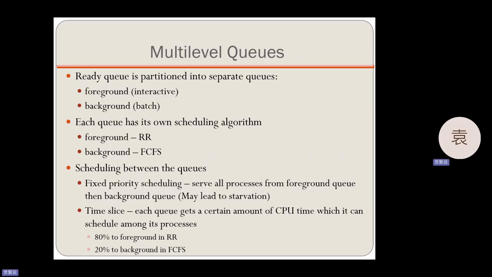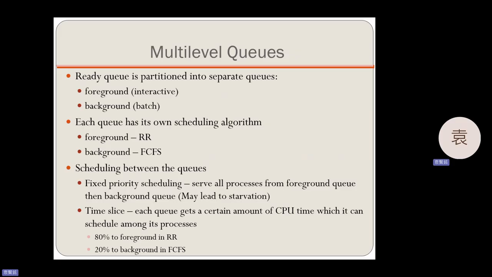So we may use a minute as the time quantum. During each minute, the first 80% of the minute will be scheduled for the round robin queue, and the last 20% of the minute will be scheduled for the first come first served queue.